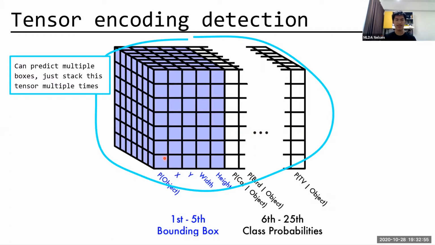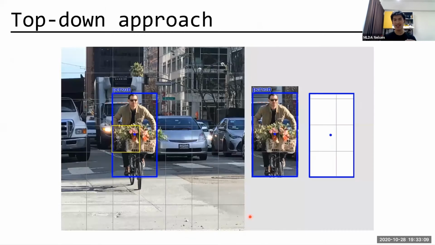So this is one bounding box. And if we try to have more than one bounding box at a specific grid, we can actually expand it. We will discuss this soon.